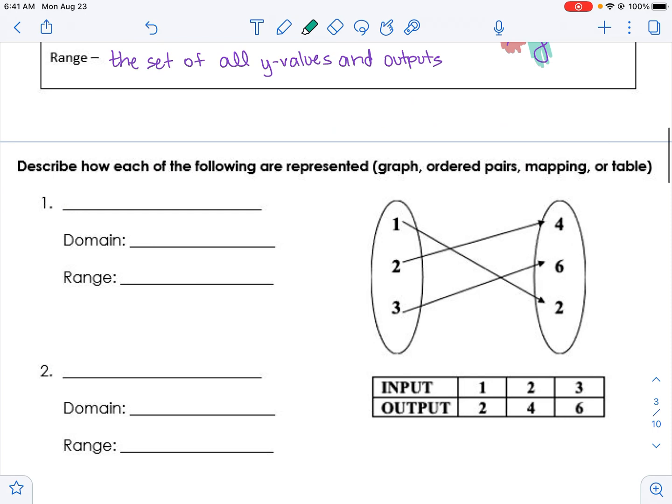Okay, looking at our first examples, it says describe how each of the following are represented. So we're going to use words like graph, ordered pairs, mapping, or table, and then we're going to identify the domain and range. Okay, so starting off, this is an example of a mapping.